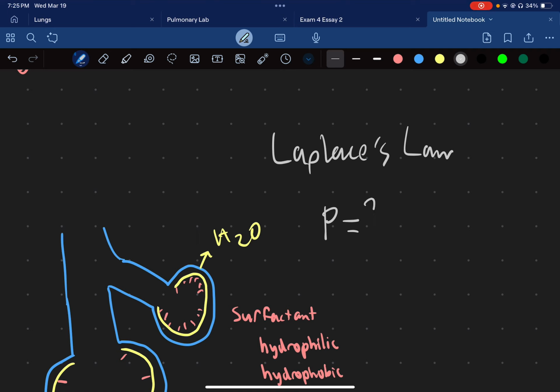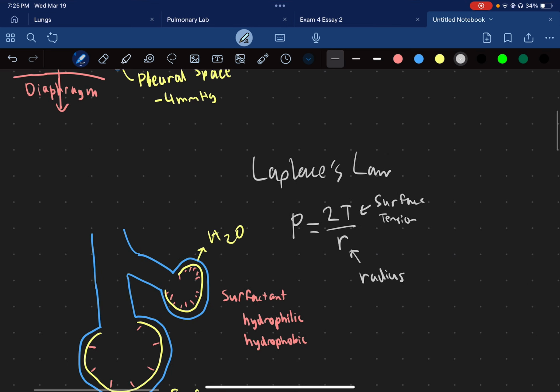It's P equals 2T over R. So R is going to be our radius of the alveolus. T is going to be our surface tension. And P is our pressure within the alveolus.